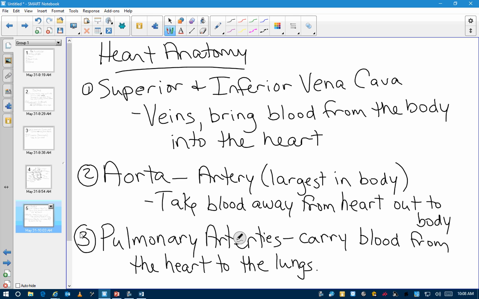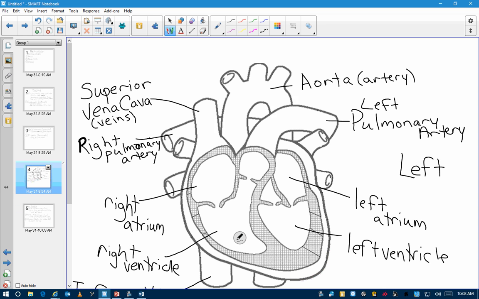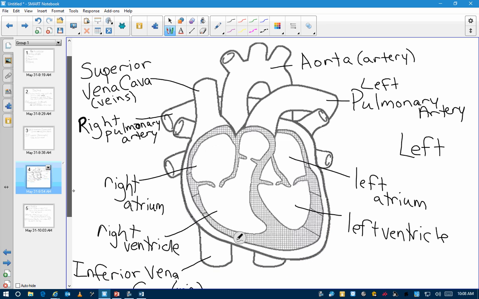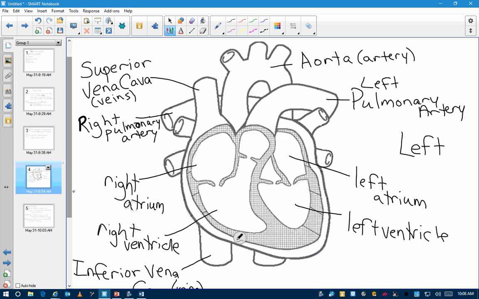Sorry. Pulmonary arteries. So they are carrying blood away from the heart to the lungs. You're gonna be fine. Okay. So then we have these other guys sticking out here. Let me just get rid of the left here. So if the blood has to get to the lungs, it has to come back, right?